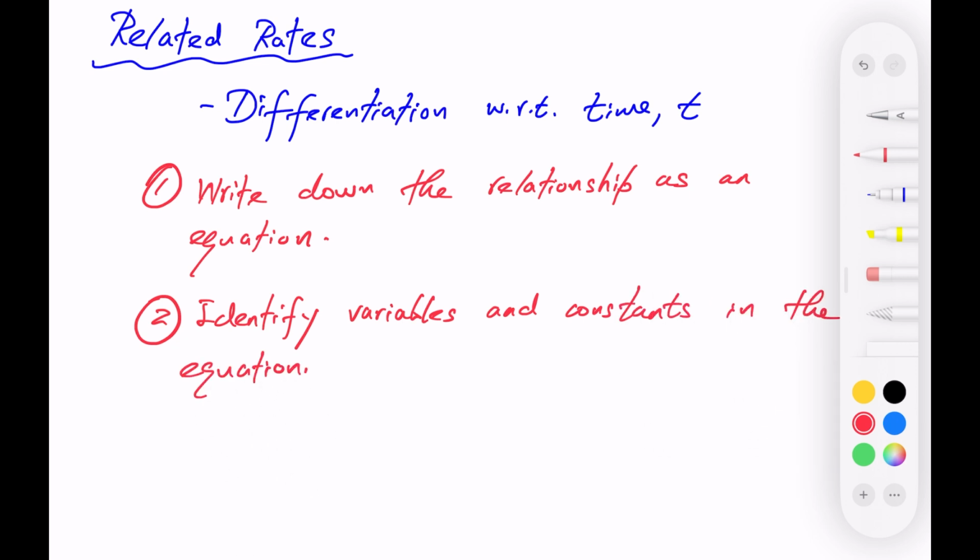That step is very important. Say for example, I have to differentiate d by dt, because we are going to differentiate with respect to time in this case, something like a times b. If a is a constant and b is a variable, we will write this as a times db over dt.